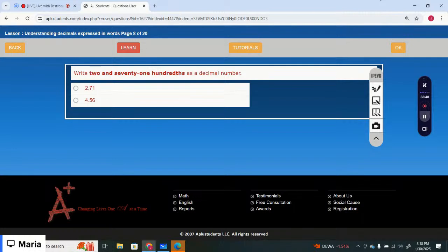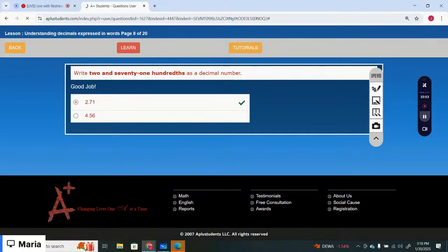Option number 1 is the correct option. 2 and 71 hundredths, that is 2.71. Option 1 is the correct option.